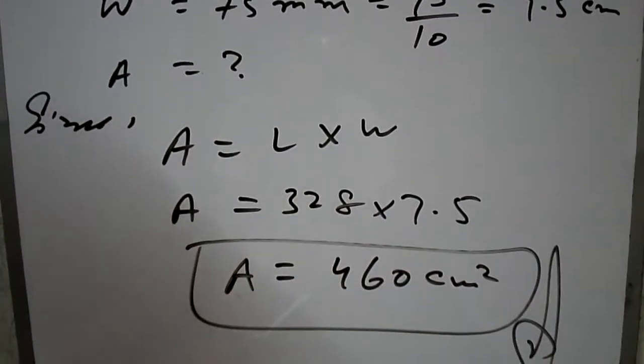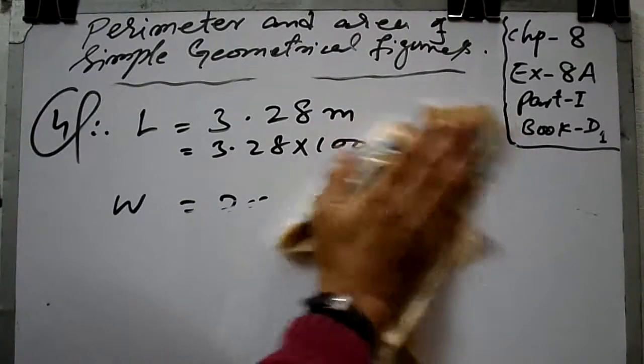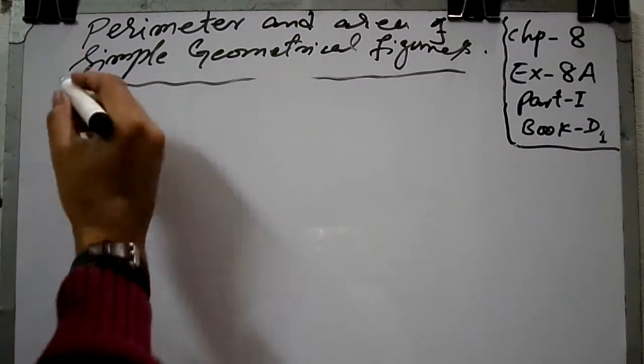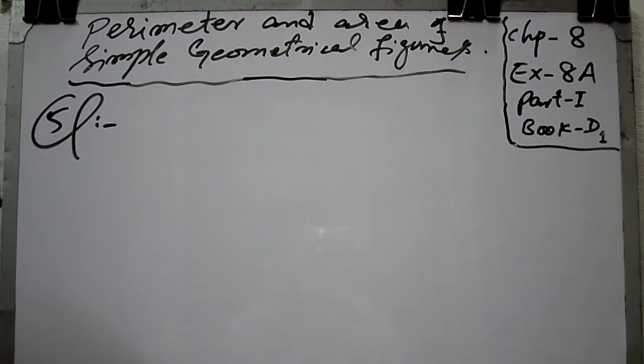Now coming to question number 5. In question number 5, read the statement. A square cardboard of side 1.2 meter has a 10 centimeter wide border around the exterior of 3 of its sides.